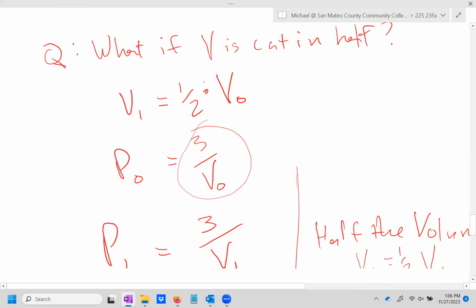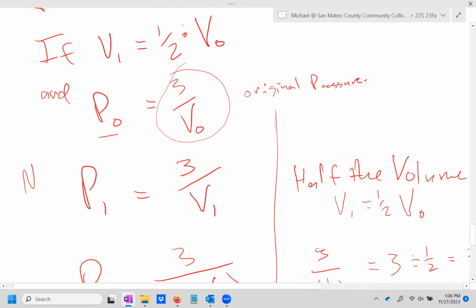I just showed where, if my V1 is equal to 1/2 V0, and I'm thinking of my original pressure, this is the original pressure, given with the original volume, then here's my new pressure. The new pressure would be P1, and that's 3 divided by my new volume.